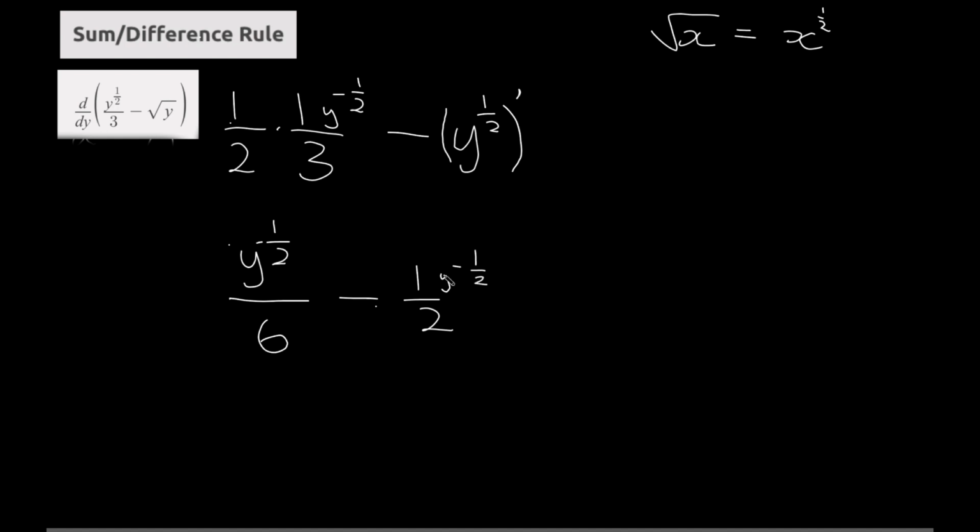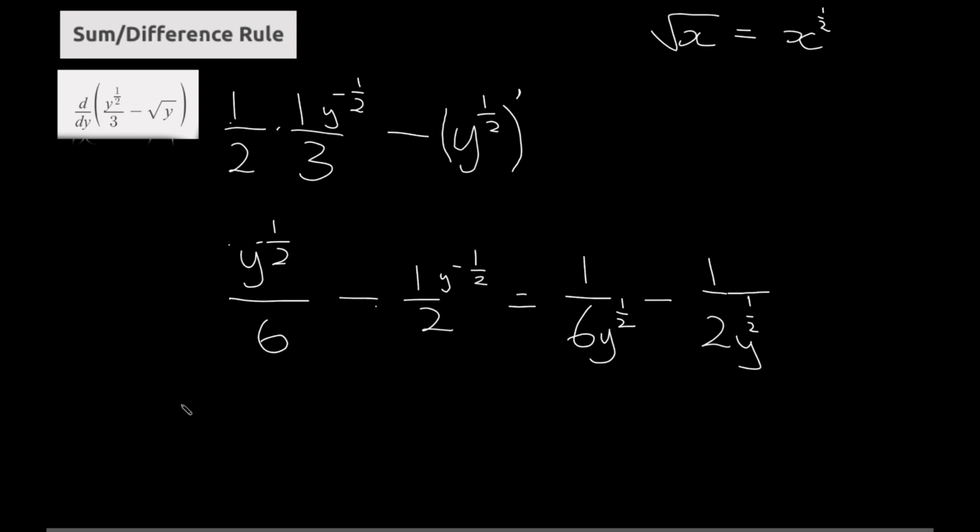We can add and subtract these terms because they have the same power. But what we'll do first is move this to the bottom so it's a little bit more clear. We'll get rid of these negatives. So we have 1 over 6 y to the power of 1 over 2, 1 over 2, y to the power of 1 over 2. Now we can subtract these, but we just need to make these two numbers the same.